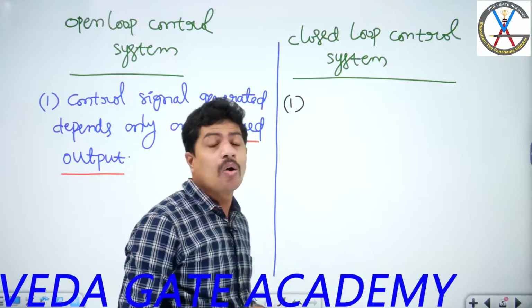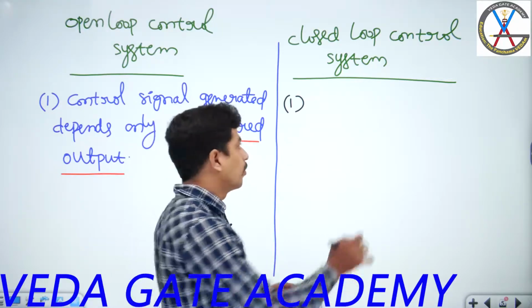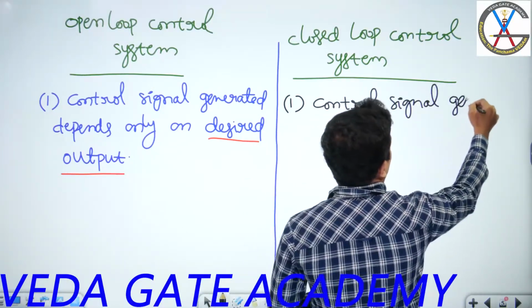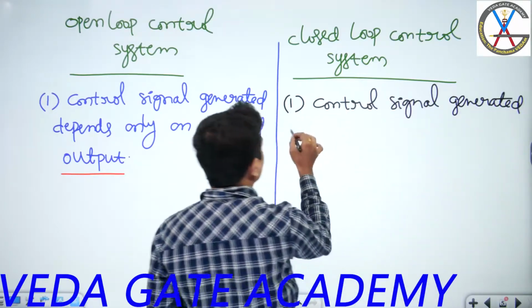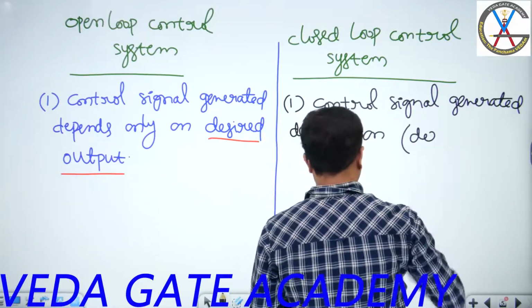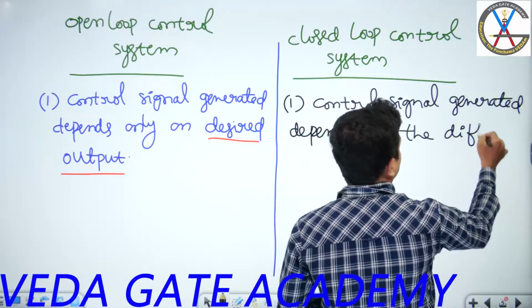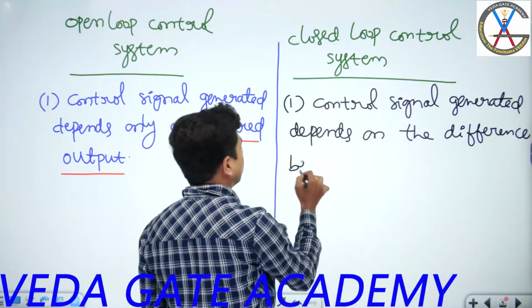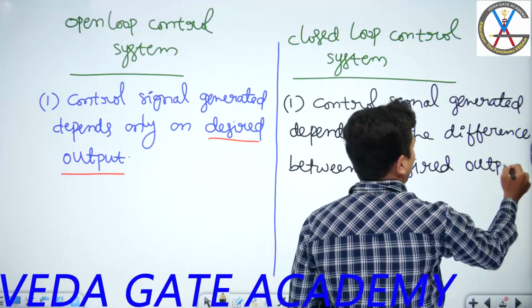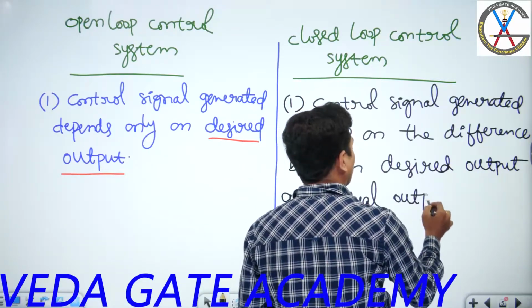Control signal generated depends on the difference between desired output and actual output.